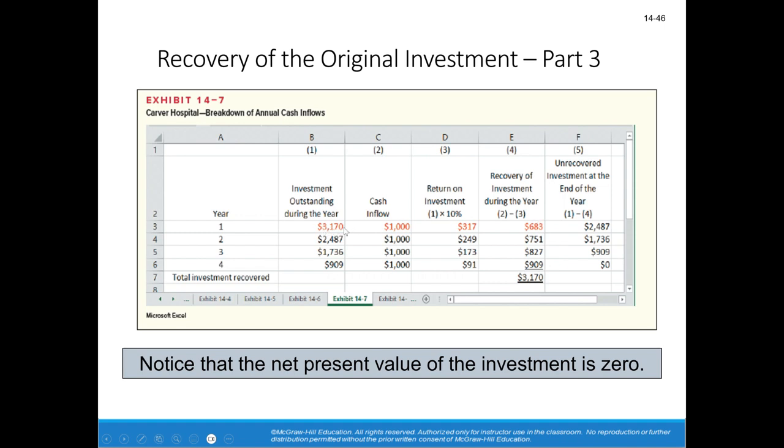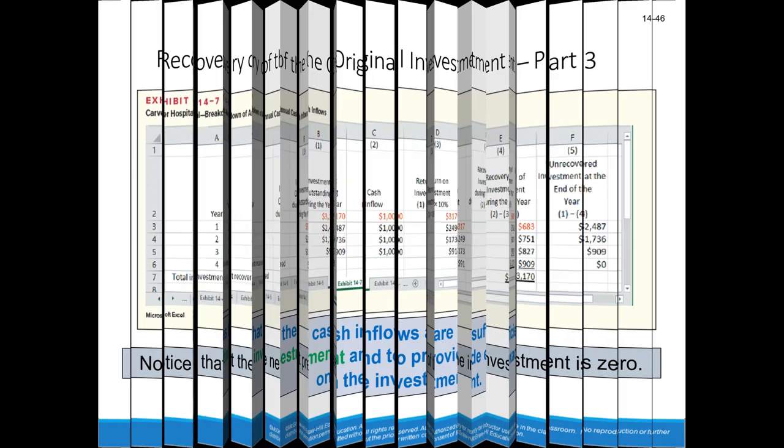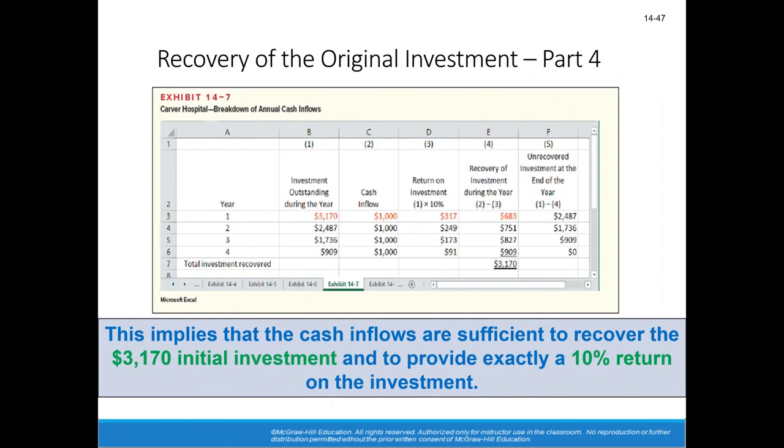We're going to put out 3,170, we're going to get 1,000. And so the present value of the investment is zero, which just means that, yeah, it fits your criteria. So this implies that the cash flows are sufficient to recover the original investment and provide a return of 10% on that investment.